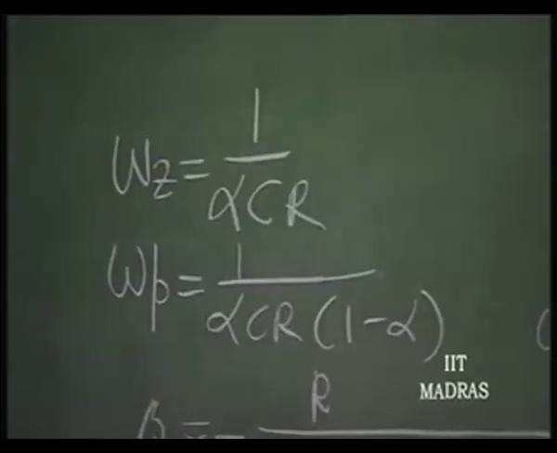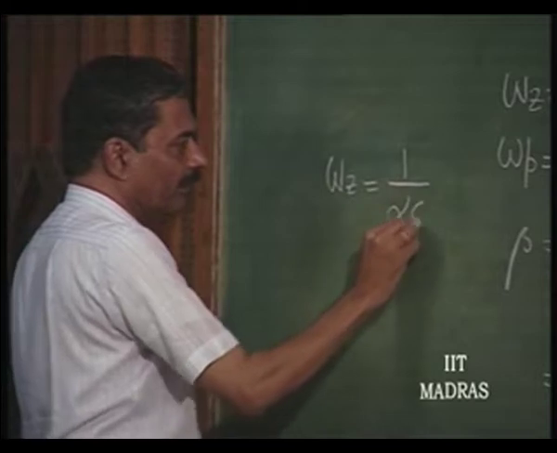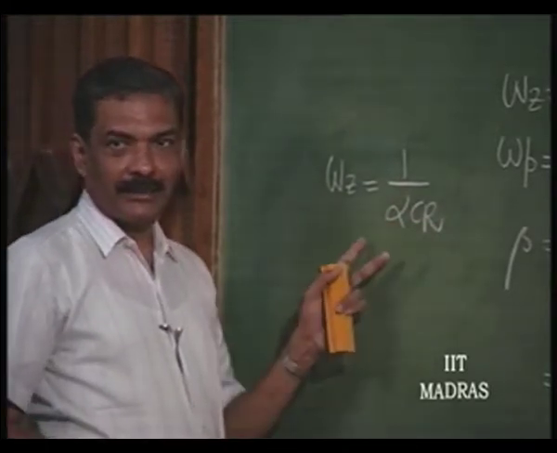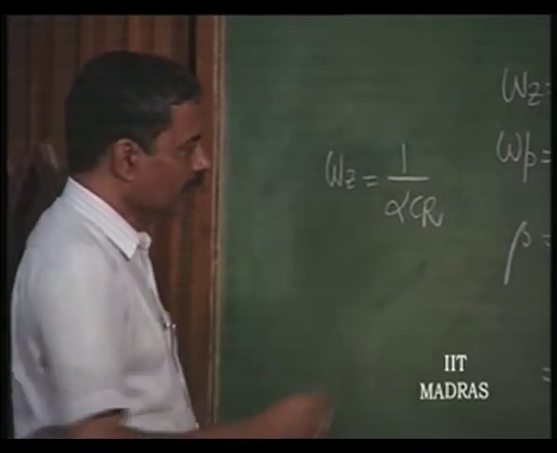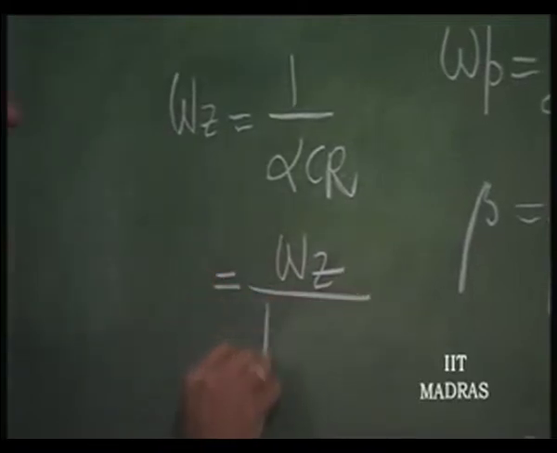Look at that. That means, we have a 0 located at whatever we want, that can be located conveniently by selecting alpha CR, and then the pole is located at omega z divided by 1 minus alpha.